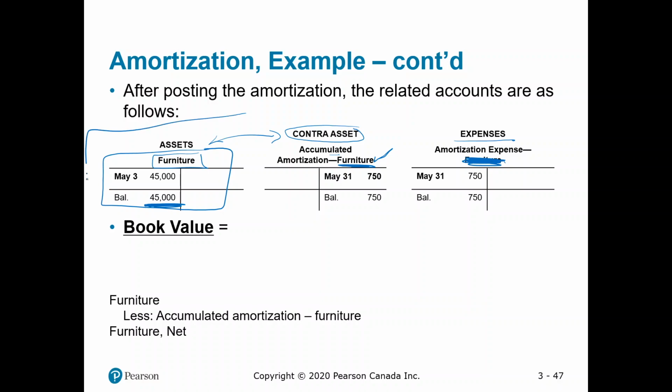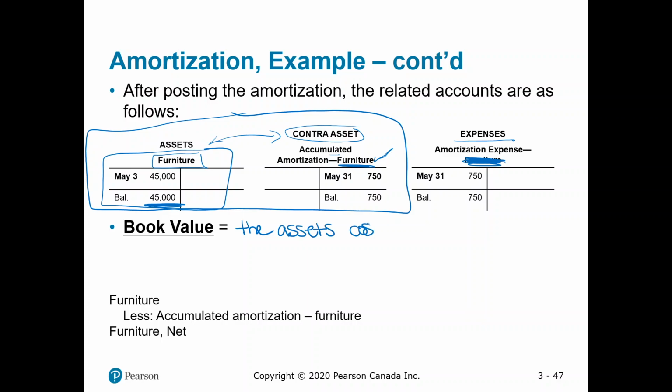So since we have the asset and the contra asset, we still want to know what's the overall net value of this asset, and that is called the book value. So this is equal to the asset's cost less accumulated amortization. So year over year over year, we'll continue to amortize this, and it will just keep getting added into this contra asset account.